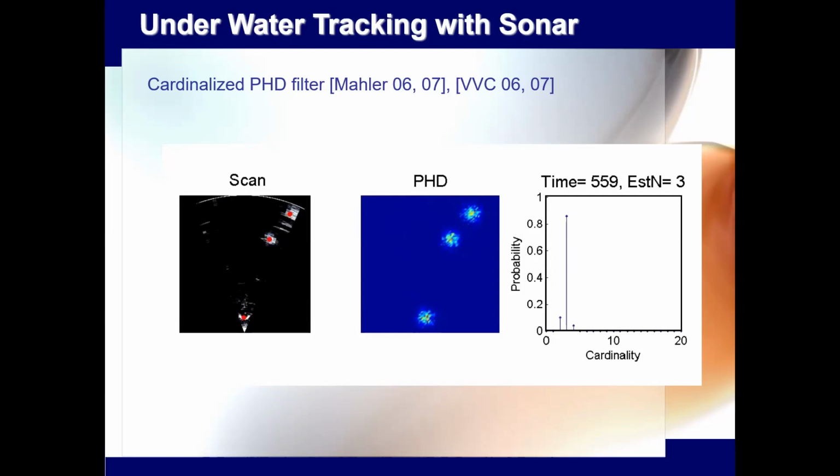The other graph on the right side is the time-varying number of objects. In time, the filter gives you not only the spatial density in the middle, but also the estimate of the number of objects in the form of cardinality.